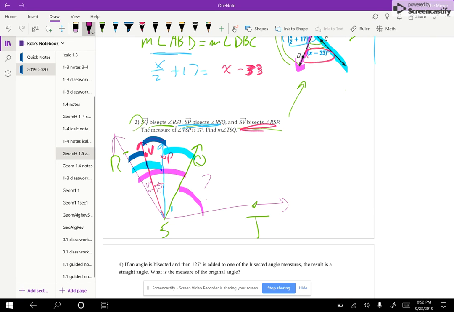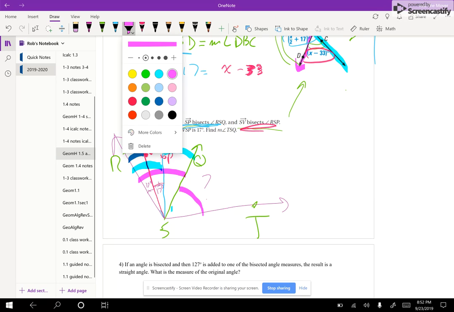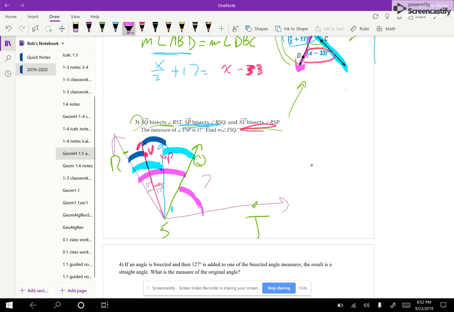We don't know. But we know that fuchsia color, right? This color here, I believe that's fuchsia. That is congruent to that. So whatever I get for this right here, this whole thing, I can make this. Now look, we just said the two parts of half of it are 17, 17.